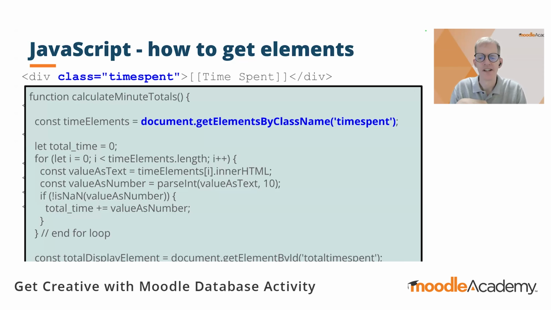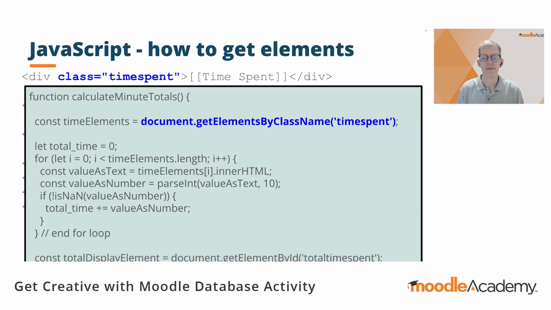Note that this function is connected to the word document with a period. Document is a reserved word in JavaScript that refers to the entire web page document. So the function getElementsByClassName is operating on the document, or the web page itself. The word time spent is passed into the function to identify which class we are looking for.